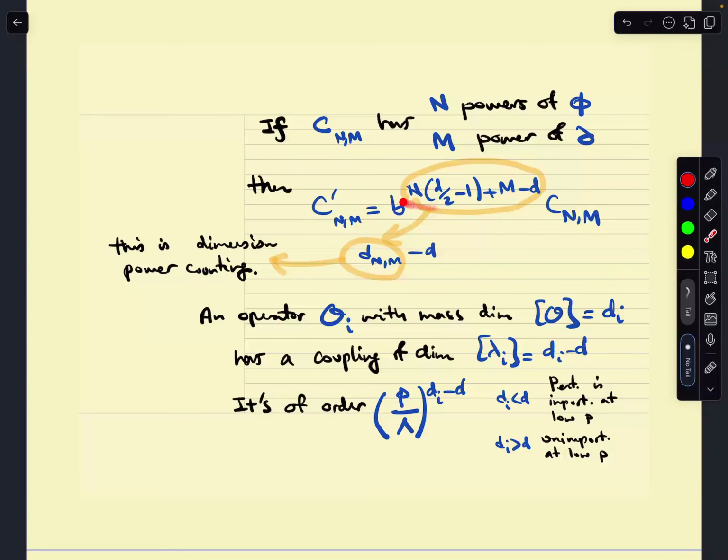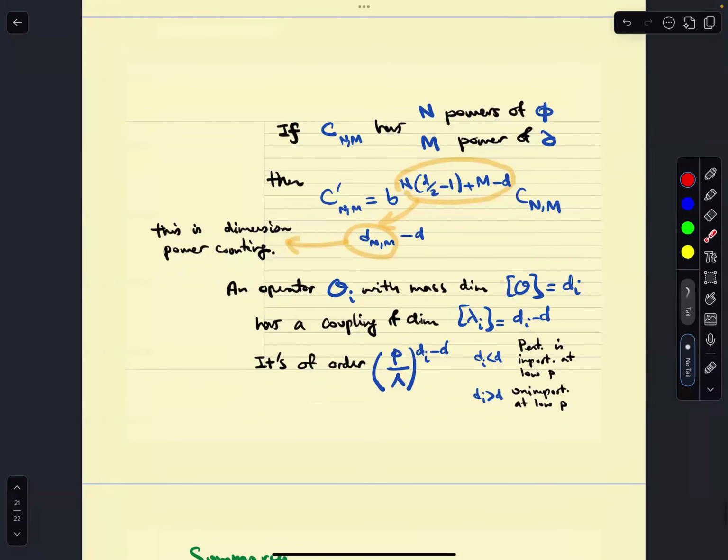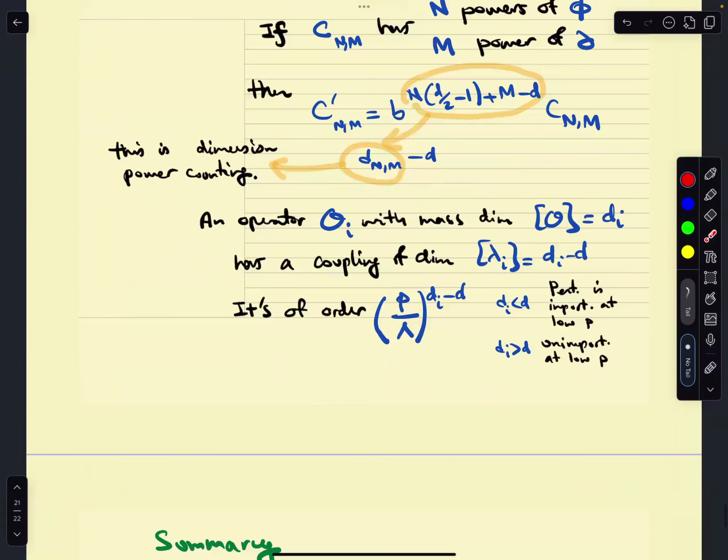So an operator with mass dimension Δ_i has a coupling of dimension Δ_i minus d. As you perform the renormalization group flow, just based on this analysis, you can see that the coupling is of order p over Λ to the power of Δ_i minus d. Now, if Δ_i is less than d, this perturbation is important at low energies. These are relevant deformations. I call them deformations because we're deforming the trivial fixed point.